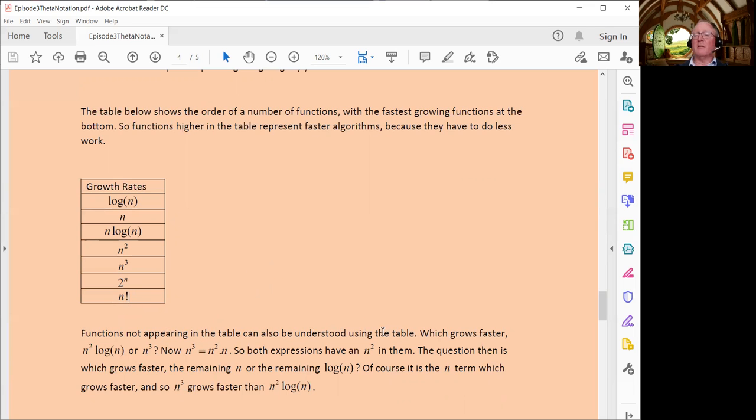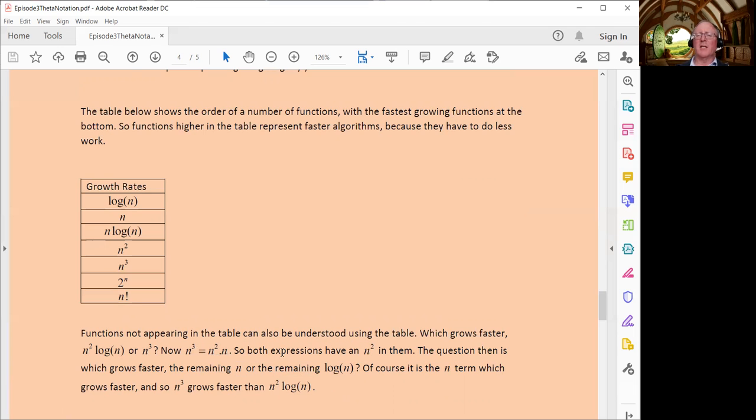We can figure out some functions not appearing in the table by using the table. Which grows faster, n log n or n cubed? Well, n cubed is n squared times n. So we've got n squared log n and n squared times n. Which grows faster, the remaining n or the remaining log n?